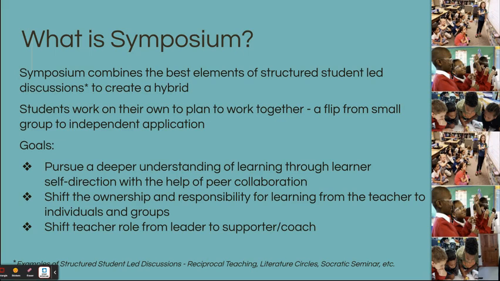For example, in lit circles and reciprocal teaching, they have roles and jobs. I feel the students become very entrenched in what's my job, and the release of those scaffolded tools and roles never really reaches full fruition, and the nature of the conversation can be stunted.